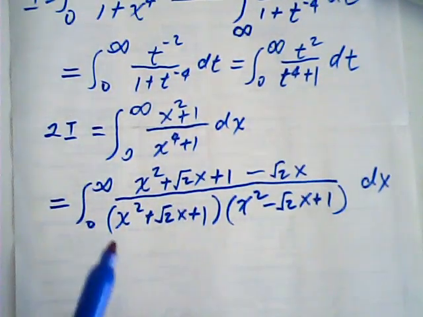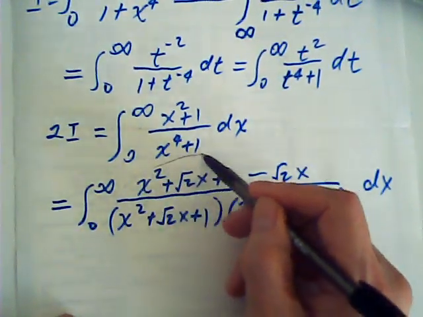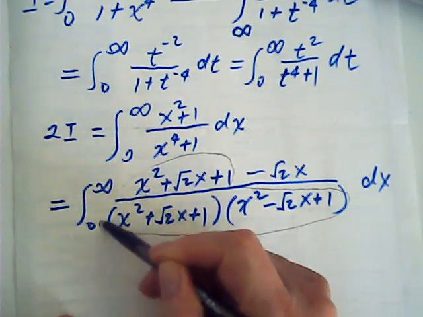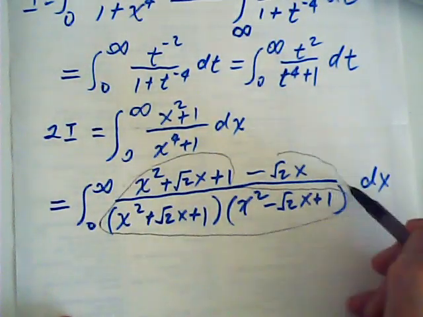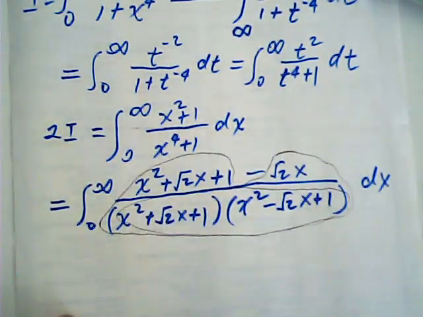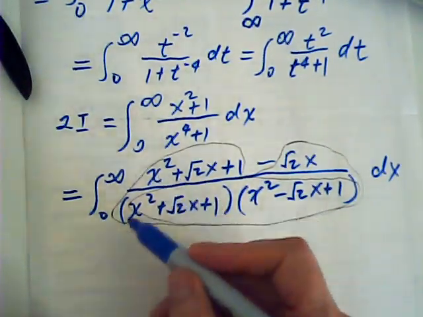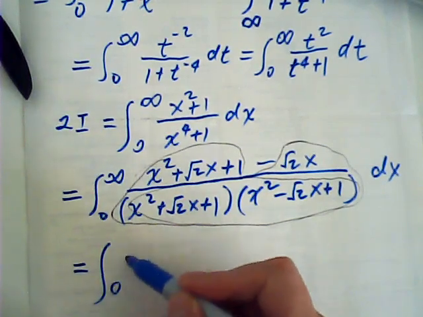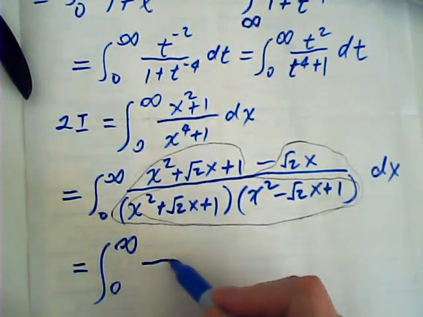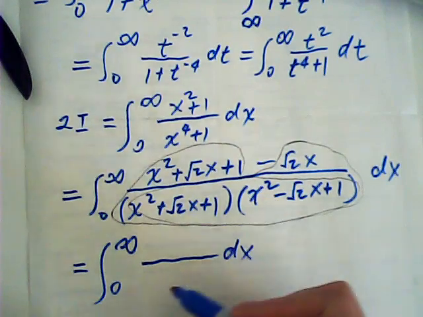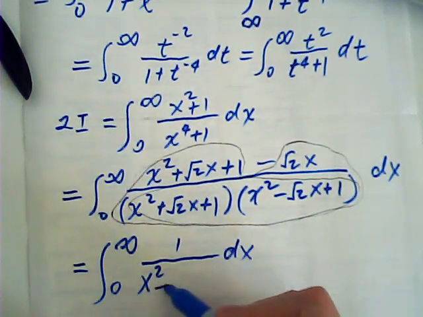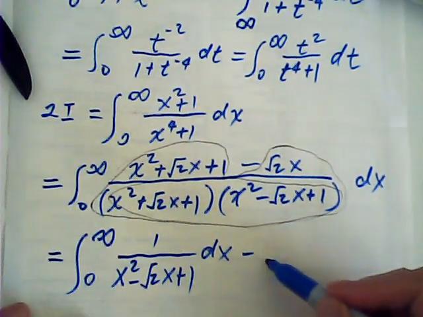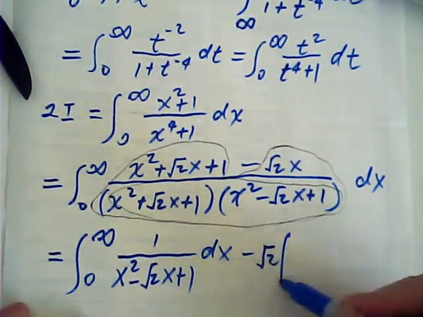Then I have this over this, minus this over that. It becomes two fractions. The first part, this over that, you cancel the first, it becomes 0 to infinity, and this becomes dx over x squared minus root 2x plus 1, minus root 2 integrals.